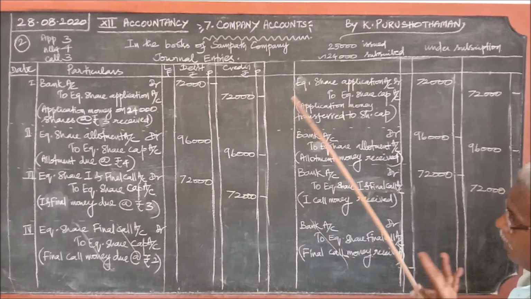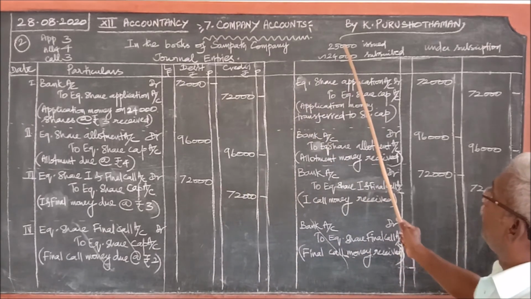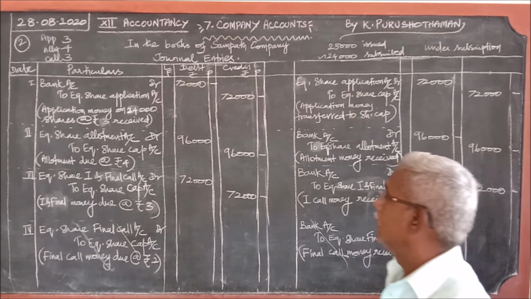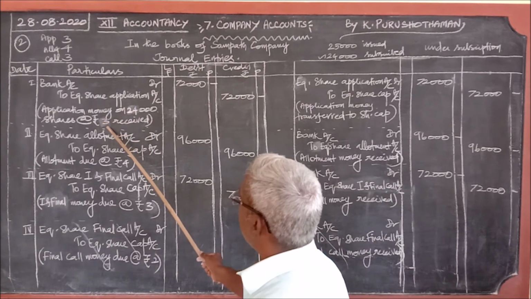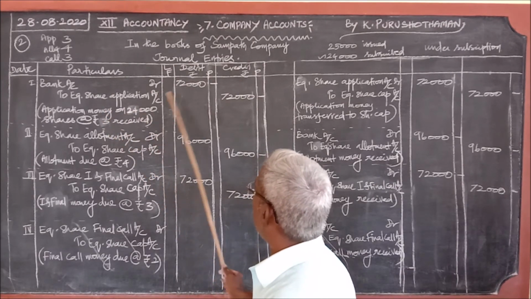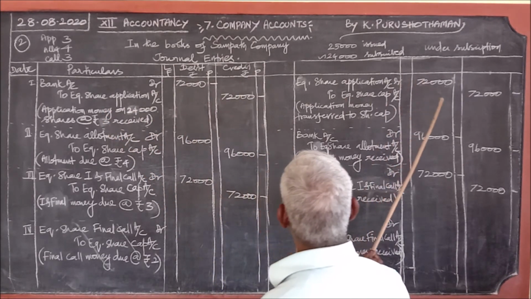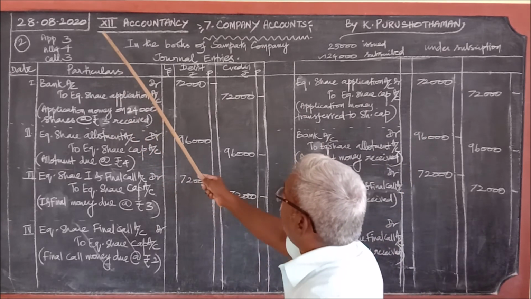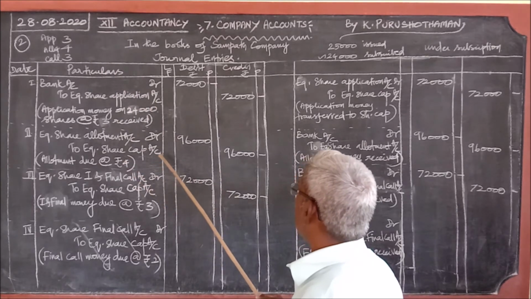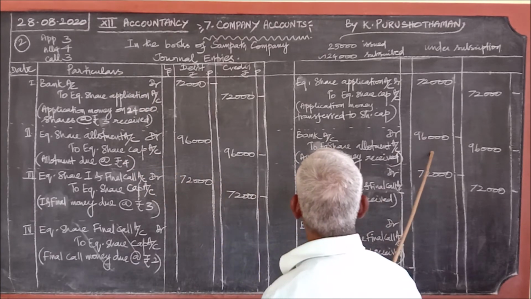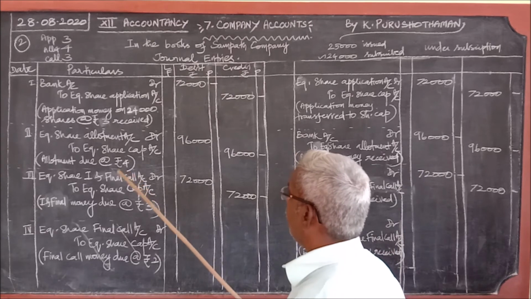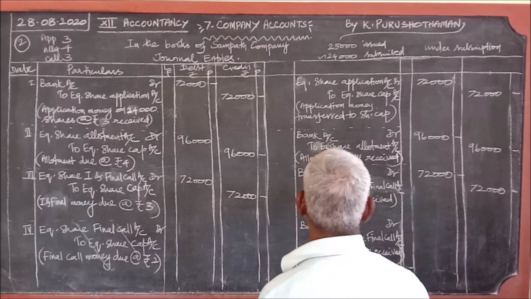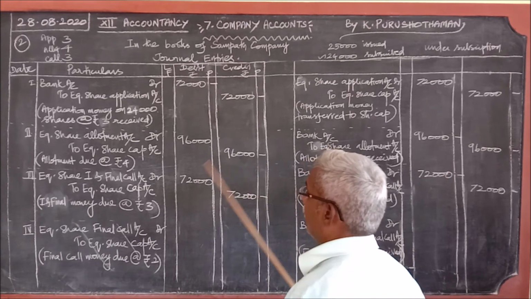Therefore, for all the calculations, we should take only 24,000. So for the first journal entry, 3 rupees application money, 3 into 24,000, 72,000. For the second stage, allotment, 4 into 24,000, 96,000. Then first and final call, rupees 3 into 24,000, 72,000.